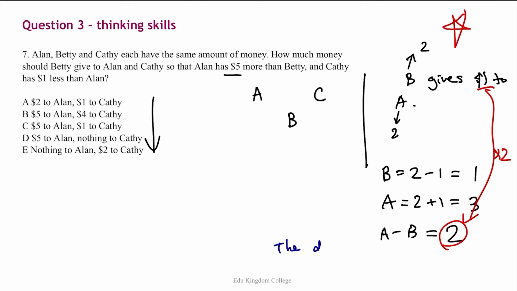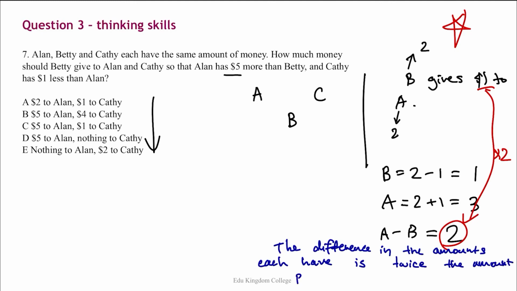The difference in the amount each have is twice the amount Betty gives to her friends. Okay? So if Betty gives $1, suddenly the difference between the two people is $2.